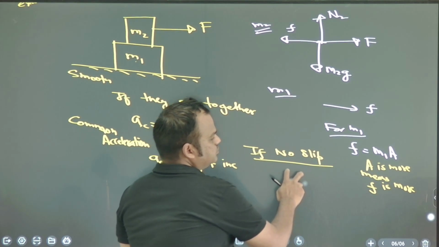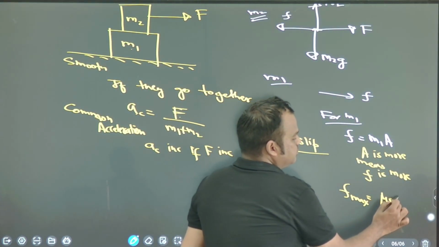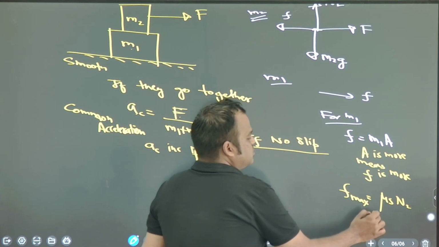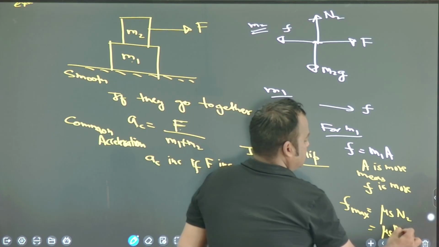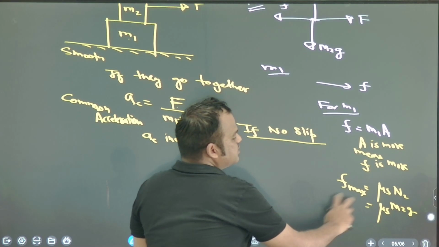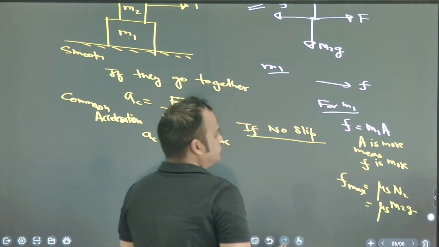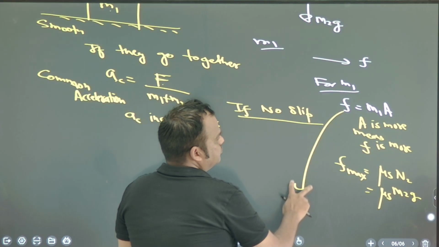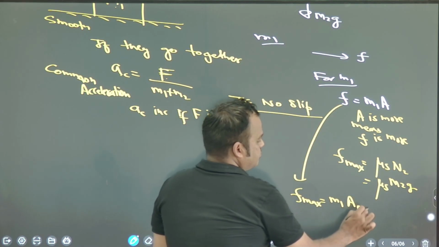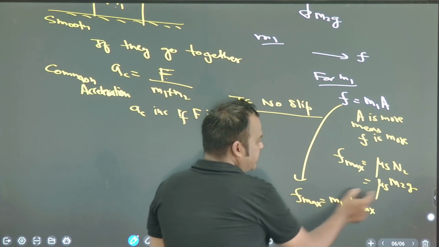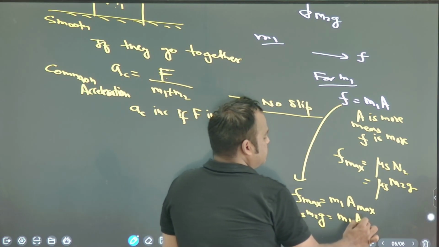Now what is maximum value of friction? Tell me. Friction maximum value mu s N2. Good. So what is N2? M2G. Correct. So maximum friction is mu s M2G. So what is the maximum value of acceleration? Now put f max here. Mu s M2G is equal to M1 into A max.